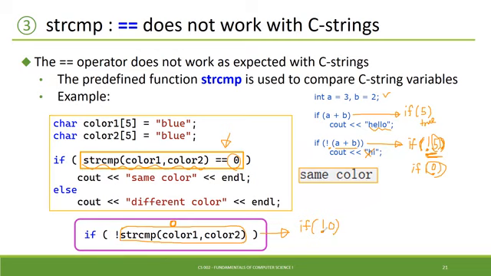If color 1 and color 2 are the same, then string compare will be 0. So this is the same as if not 0, and 0 means false for the computer. And there is not, so this is the same as if true.